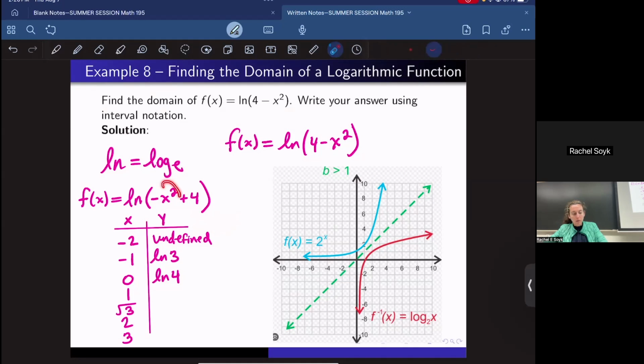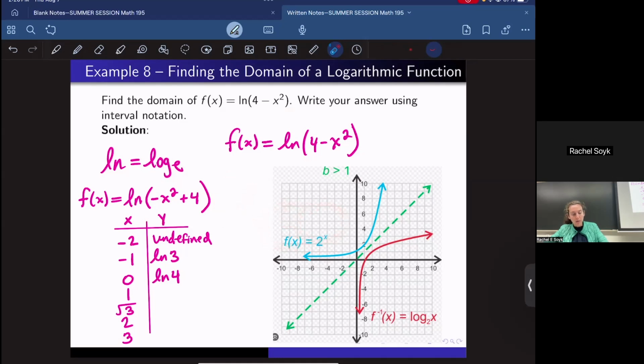So we have square root of 3 squared, which gives you 3. And then we have that -3 plus 4 gives you 1. Natural log of 1, again, is the same as e to what power gives you 1.